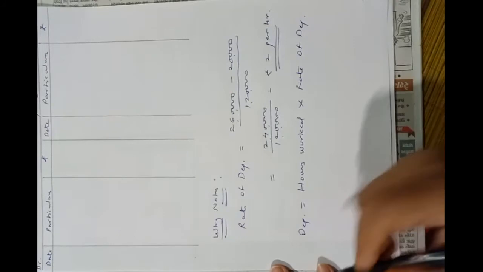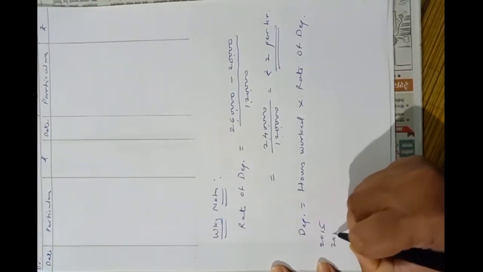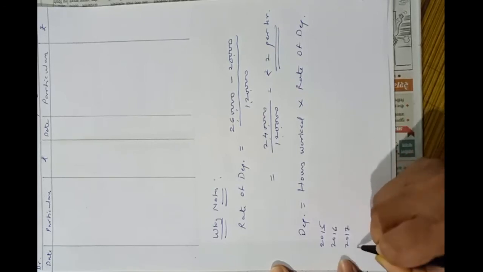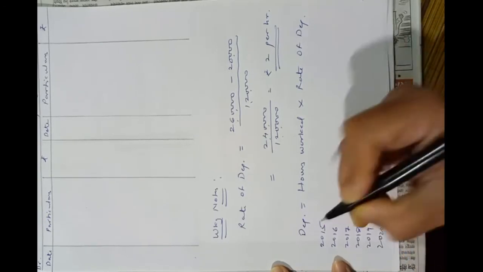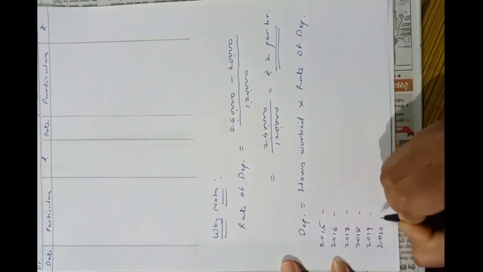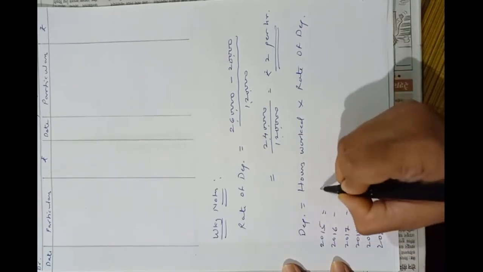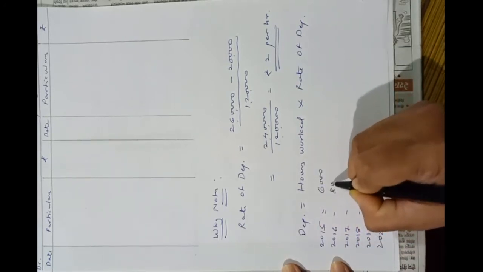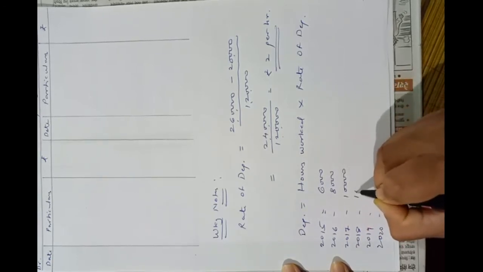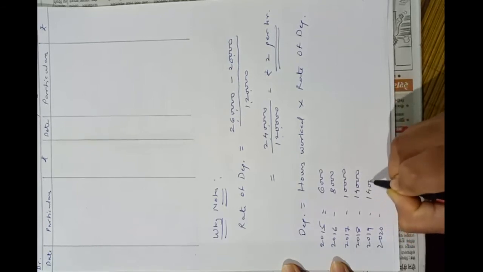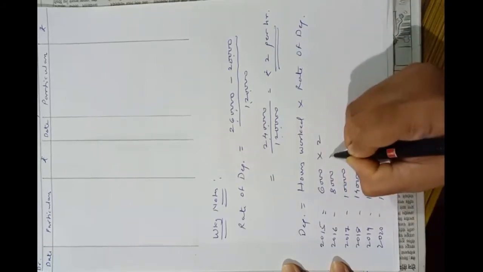Okay, so 2015, 2016, 2017, 2018, 2019 and 2020, depreciation will be hours worked 6,000, 8,000, 10,000, 14,000, 14,000 and 12,000 again, into rate is ₹2.